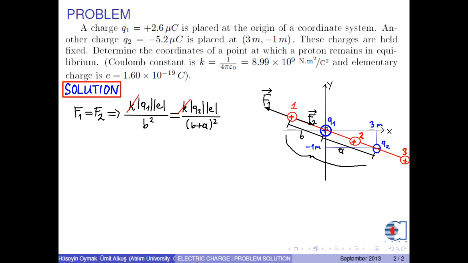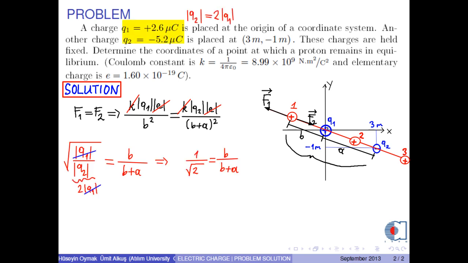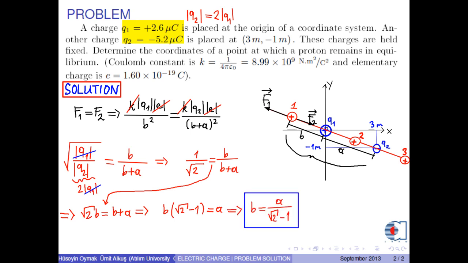Here the k's cancel, also the e's cancel, so we are left with 1 over square root of 2 equals b over (b plus a), from which we obtain square root of 2 times b equals b plus a, or b times (square root of 2 minus 1) equals a. Then we obtain an expression for b as a over (square root of 2 minus 1).